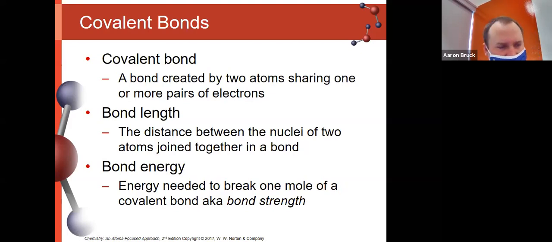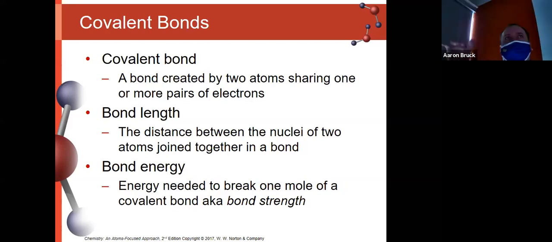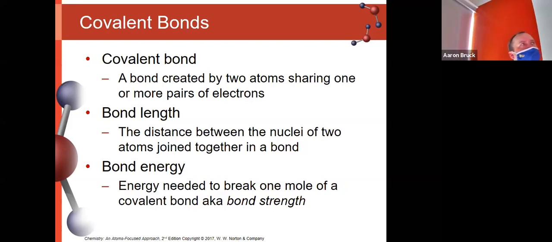But what we can see in this is that there is a definitive trend, and the trend very closely mirrors what we just talked about with ionization energy. Not so much with charge, but the idea of internuclear distance being affected by sizes of those atoms that are bonded together. And also not by charge, but rather by the number of covalent bonds in between the two atoms. So how many electrons are being shared?